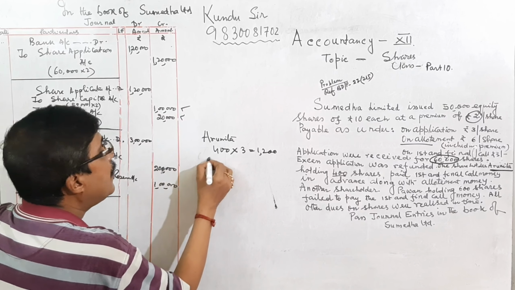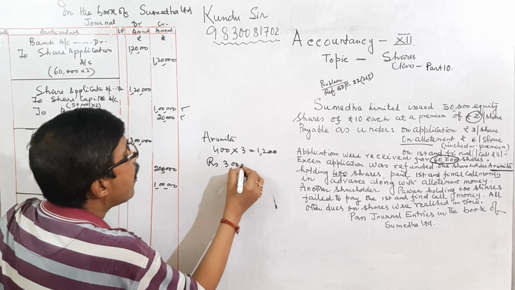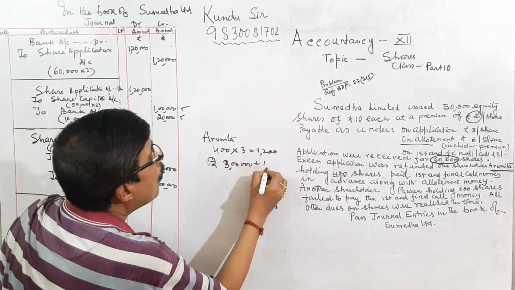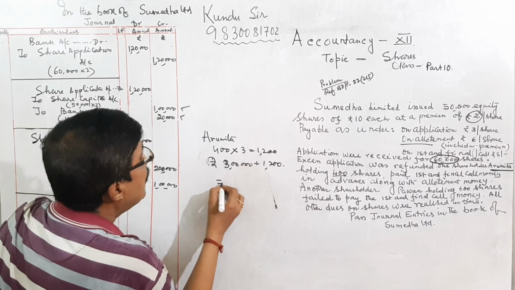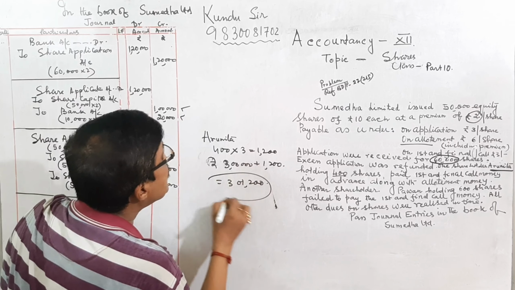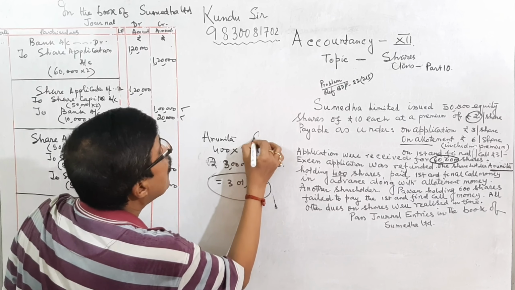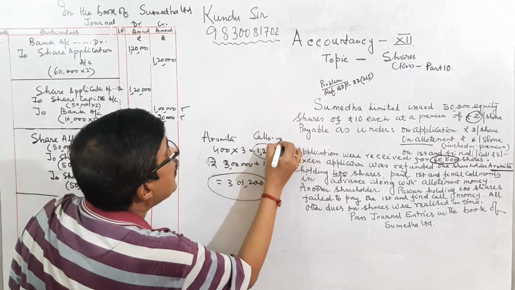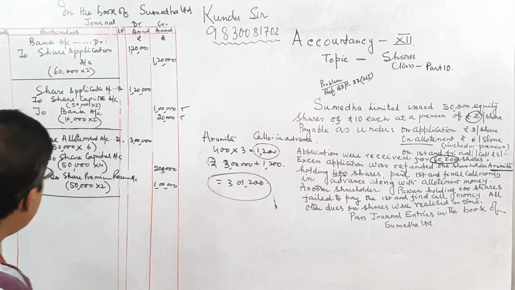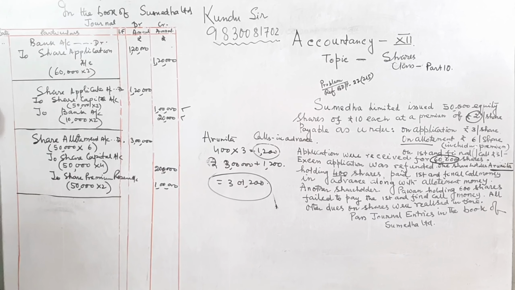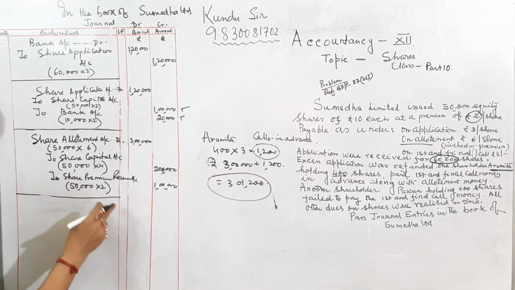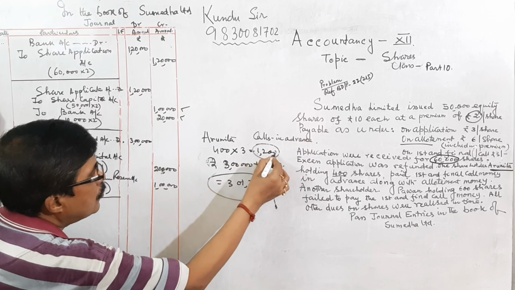So we are getting rupees 3 lakh plus 1200. This portion is calls in advance. Now we are receiving the money on allotment and advance, rupees 1200.